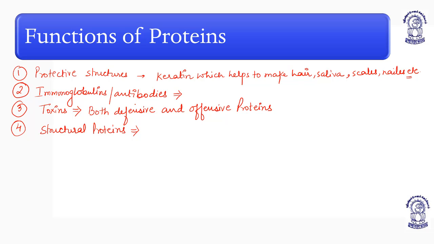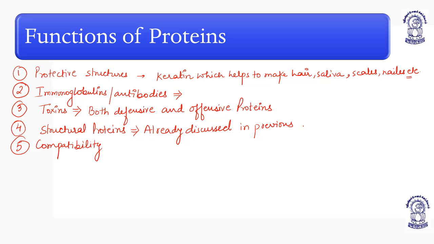Proteoglycans, compatibility proteins. Compatibility proteins, like pollen grains, possess special proteins in their walls for compatibility and incompatibility reactions with the stigma during pollination.